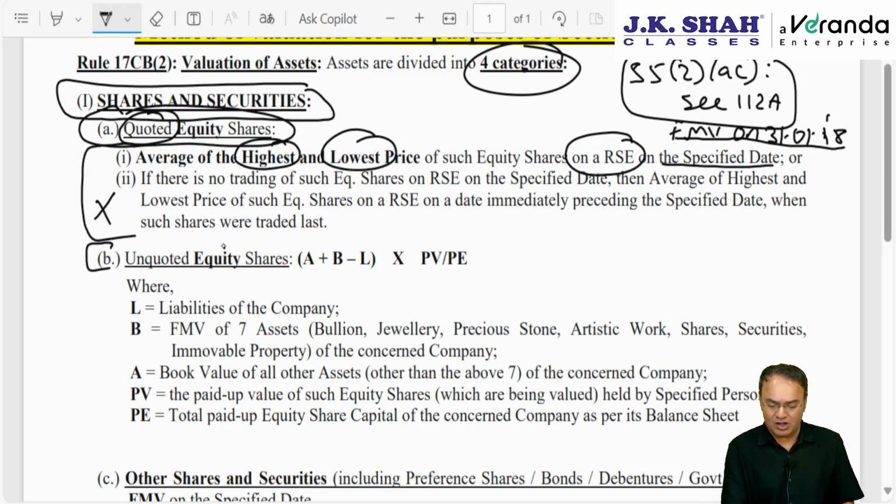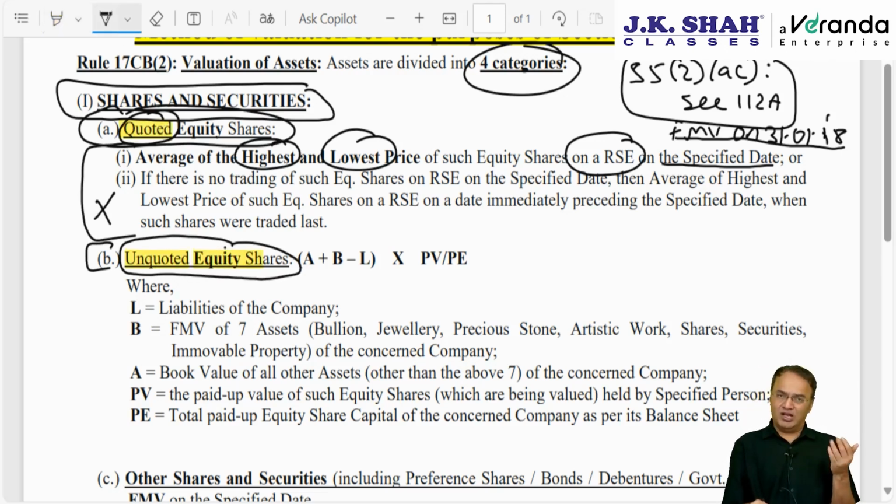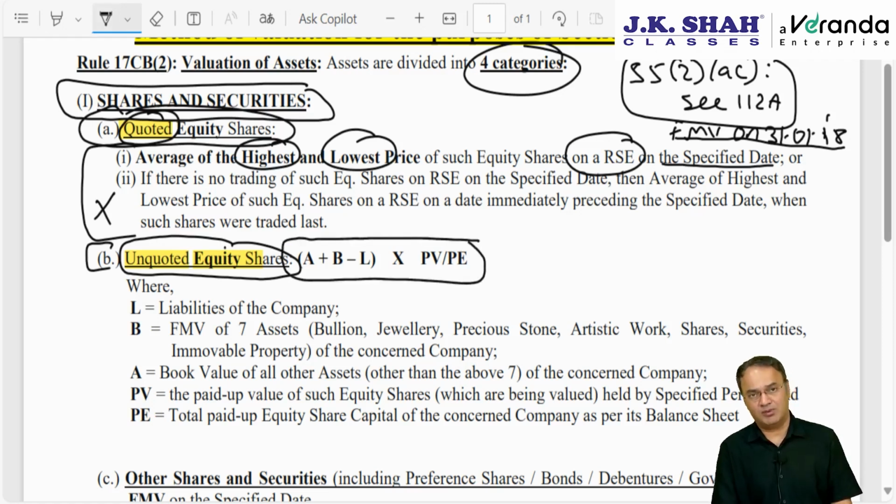If it is unquoted equity shares, earlier it was quoted, now it is unquoted. Unquoted ideally would mean private company shares or public company shares, but regular quotation is not available. It is listed on the stock exchange, it's a public company, but shares are not traded regularly. Then a formula is to be applied: A plus B minus L into PV divided by PE.